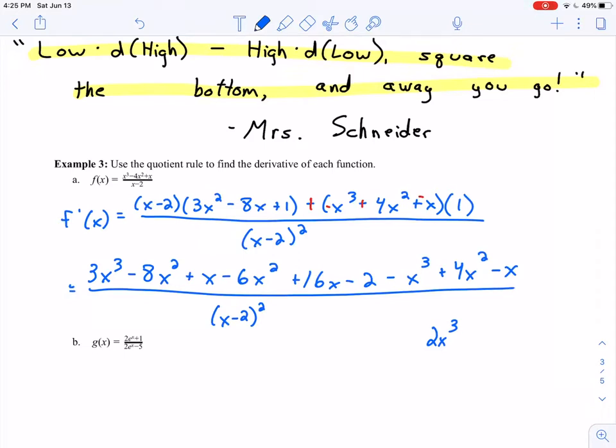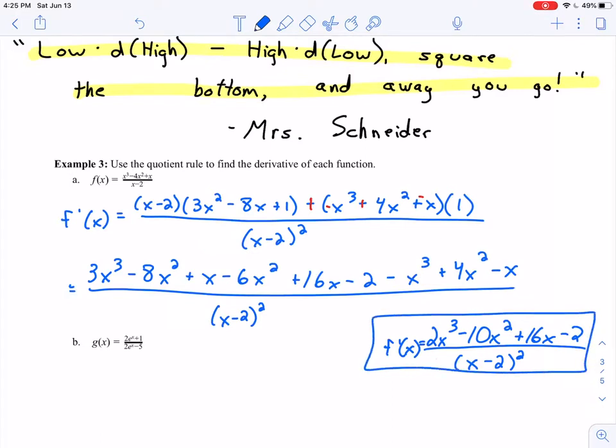Plus 4, I'll have minus 10x squared. Then x plus 16x would be 17x, minus x would be 16x, and then I only see that minus 2 there, so minus 2 divided by x minus 2 quantity squared. Here is my derivative. This is f prime of x.